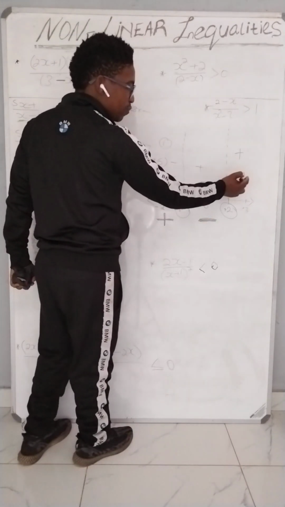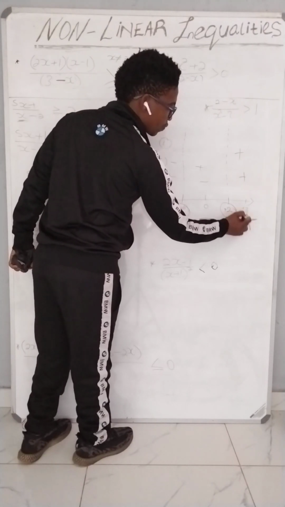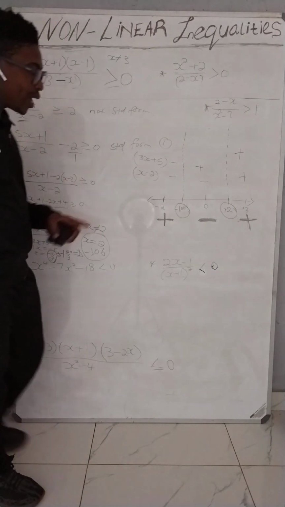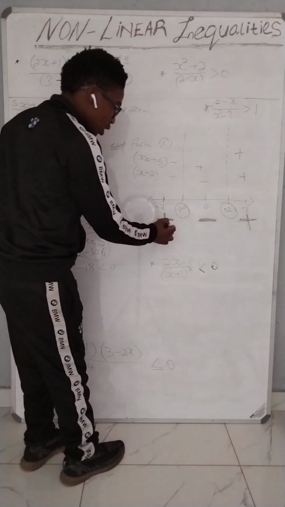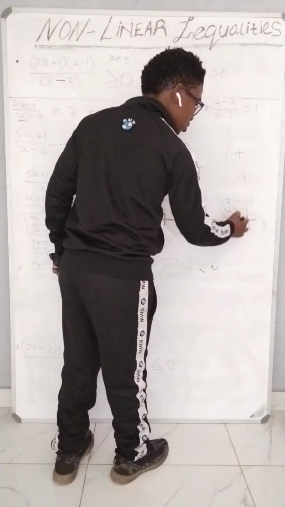And positive divided by positive is positive. Now we are coming back to our sign. Our sign is greater than or equal to 0, so this means that this expression must be positive. Now where is our expression positive? It is positive here and positive there.